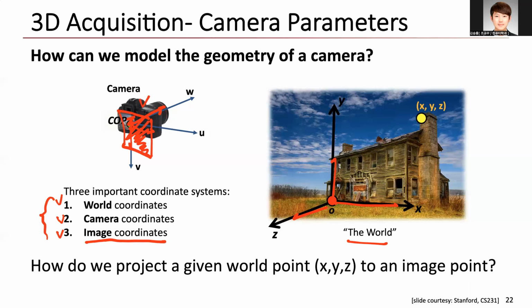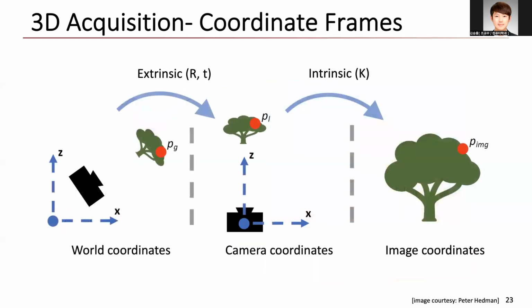So the question is, how do we project the given world point x, y, z to the image point? In other words, what is the mapping relationship between x, y, z and the input 2D images? This is the camera geometry. So how can we find this correspondence?